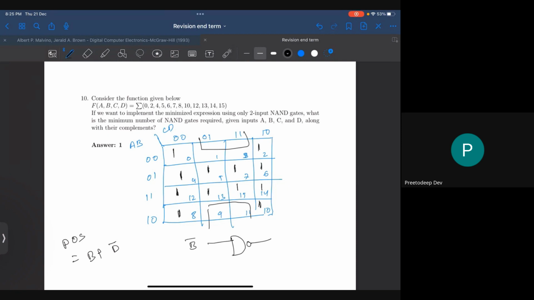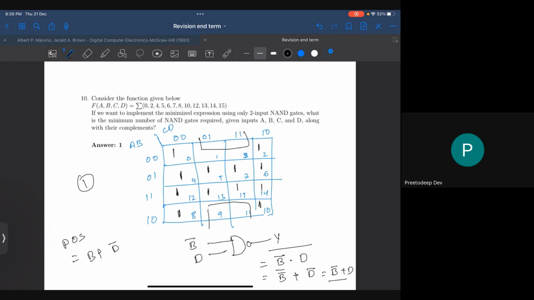So we can give B bar and D. So what will be the output? Anyone? B bar dot D whole bar, right? If you apply De Morgan's law, it will be B bar plus D bar, so it will be B bar plus D. So it will require only one NAND gate.